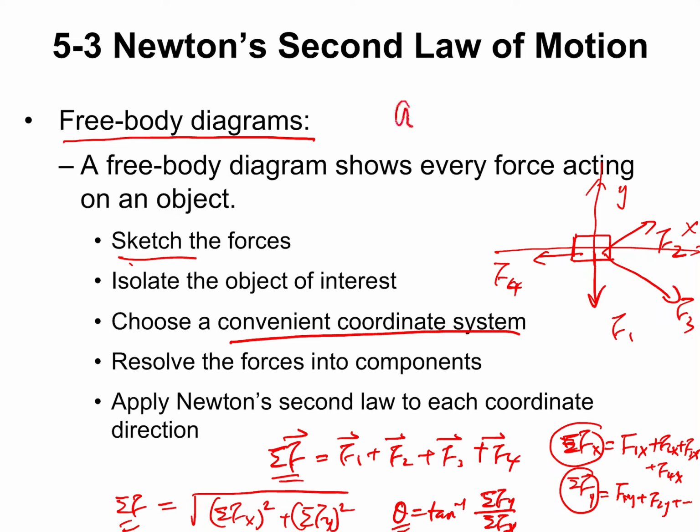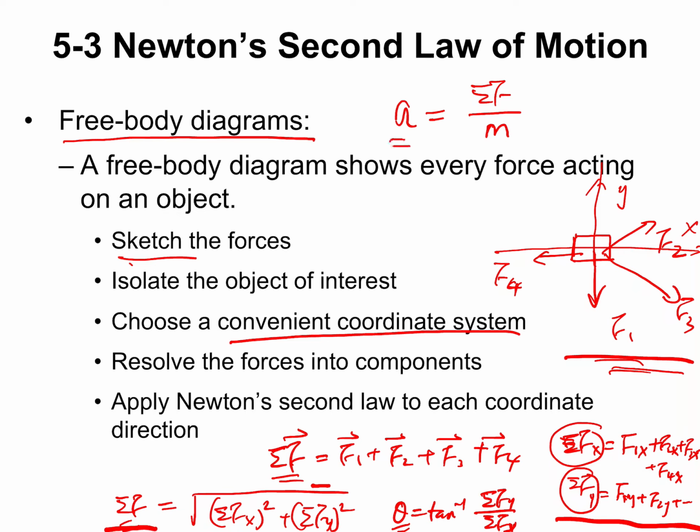So the acceleration's magnitude equals the net force over the mass, so you know the acceleration. The direction of acceleration is the same as the direction of the net force. So you do the free body diagram, do the calculation, figure out the net force's magnitude and direction, and solve for the acceleration's direction and magnitude.